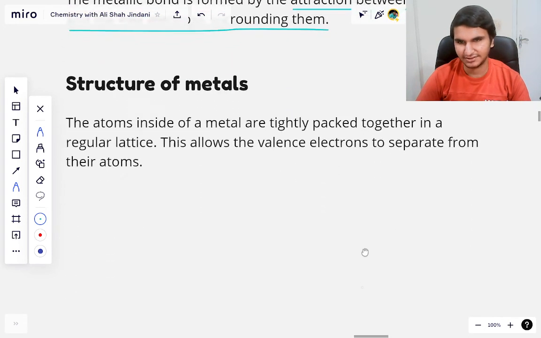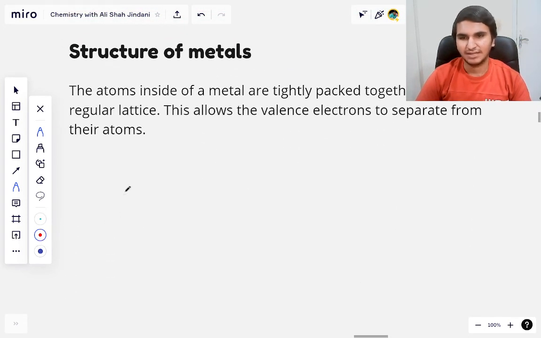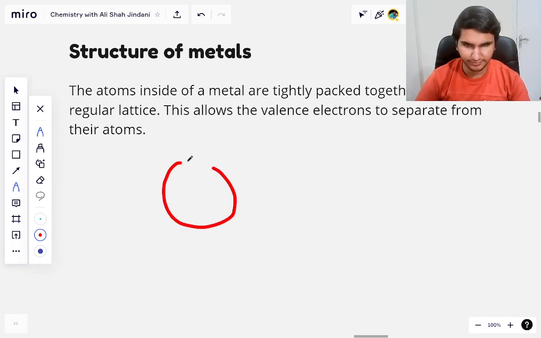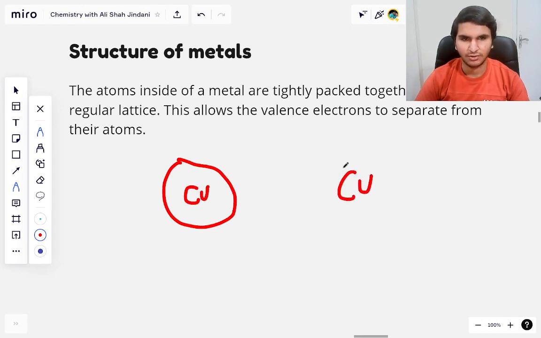So what happens here? Let me draw this for you. We are going to draw the structure of maybe copper, which has the symbol Cu.